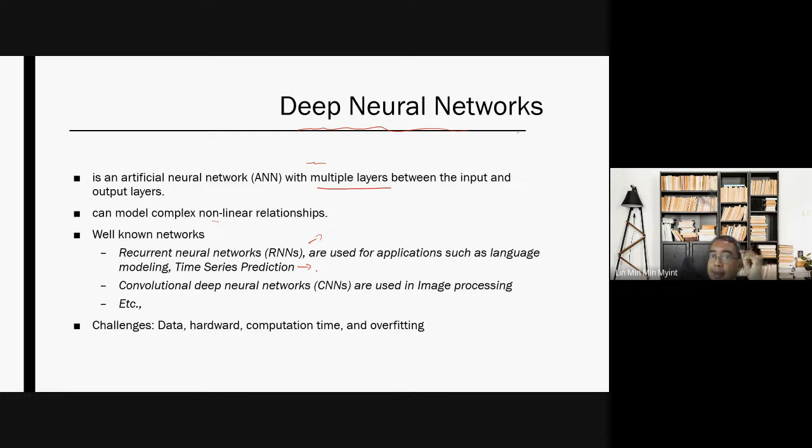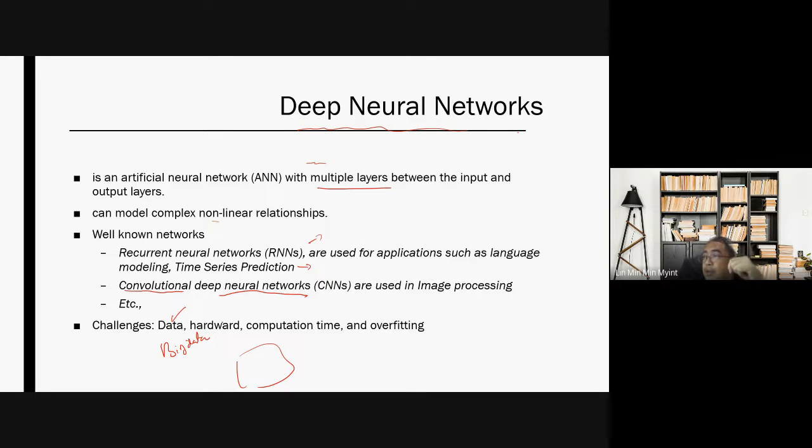The second well-known deep neural network is the CNN. It is used in many image processing or image recognition tasks. CNN means convolutional deep neural network. The challenge in deep neural networks is the data, because your model is very complex. To train that model, you need very large data, like big data.